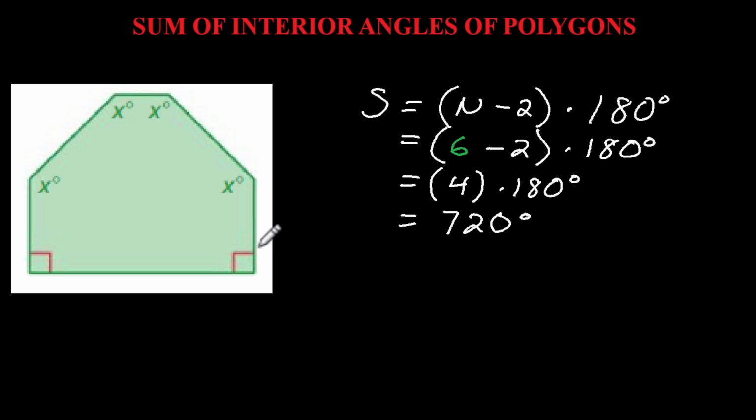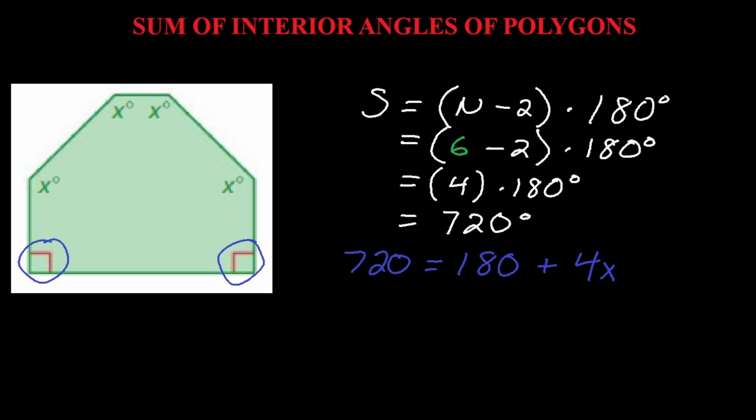Now, we're given two of the angles, and if we look inside here, we see that the corners over here are square, so those are both 90 degrees. So we then set up an algebraic equation that will produce the two 90-degree angles and the four x's.